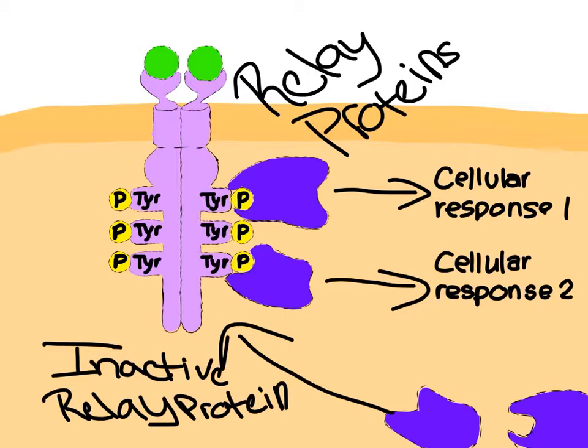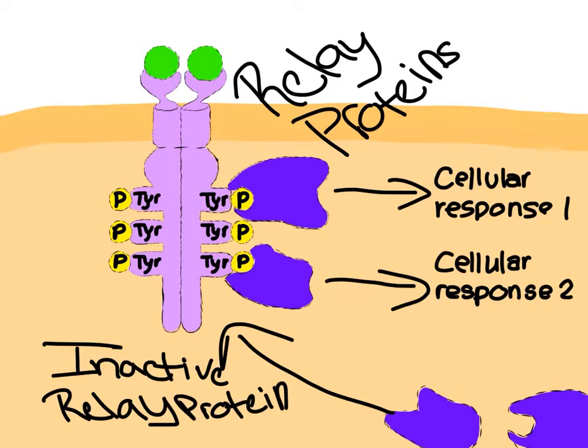The cytoplasm is completely full of these relay proteins, and all of them race there to get the information that is needed, so they can race back out into the cell and conduct whatever needs to be done.